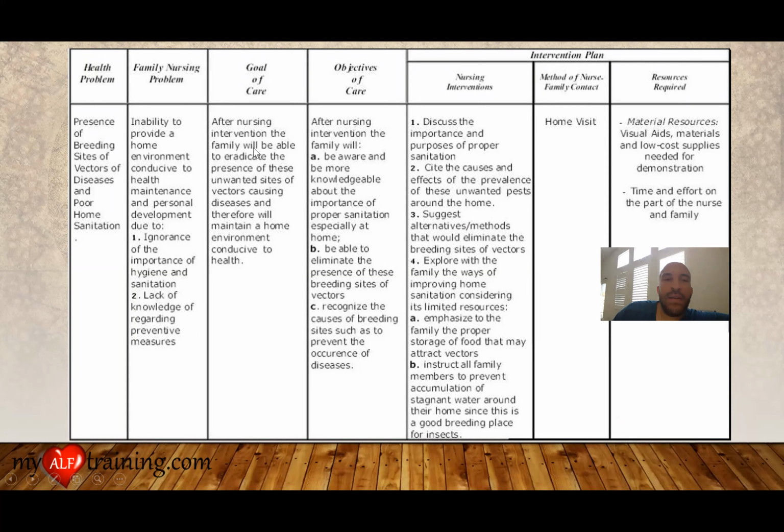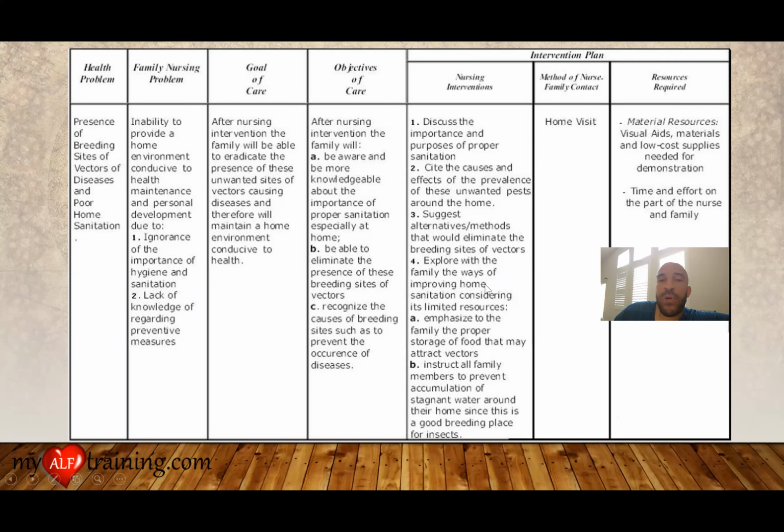So the goal of care, after the nurse implements their chosen intervention, which you can see here, is that the family will be able to eradicate the presence of these unwanted sites of vectors causing diseases and therefore maintain a home environment conducive to proper health.